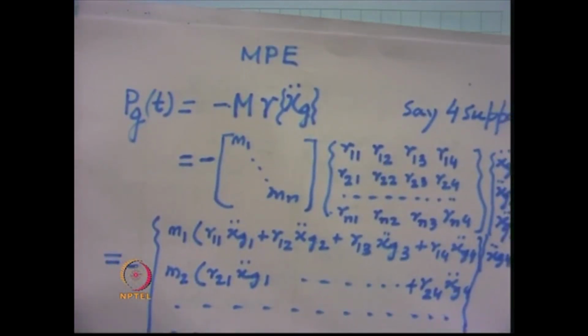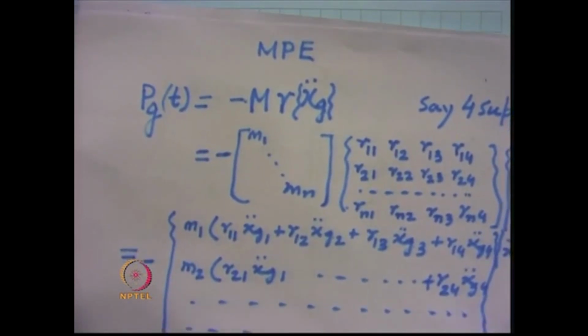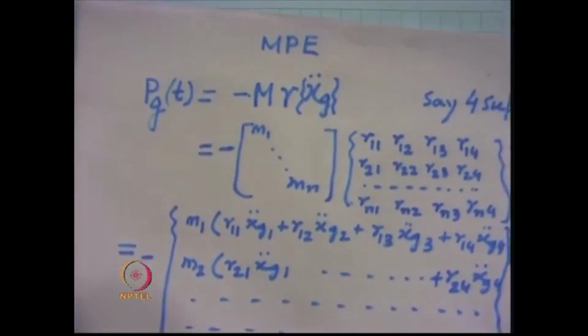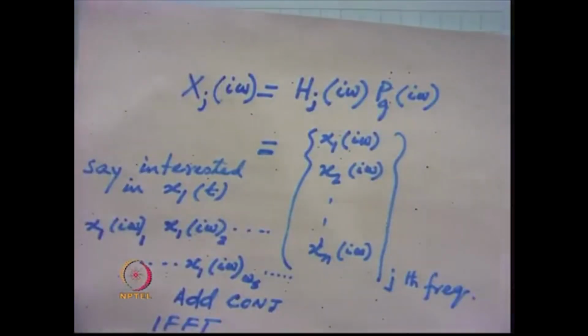Now, if we again go for a frequency domain analysis, then these n time histories are to be Fourier synthesized, or the FFT algorithm is to be used for finding the frequency contents of all these n time histories.